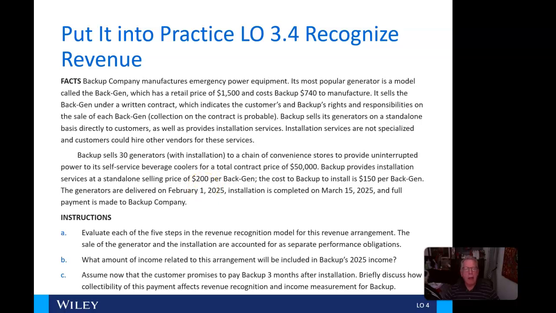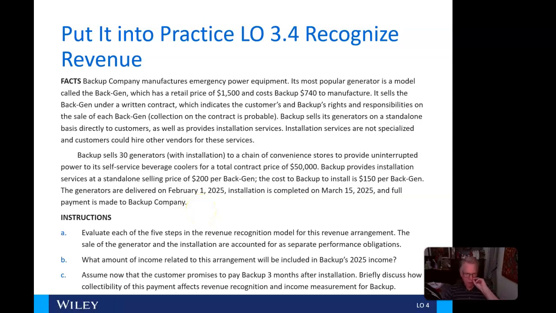The cost to Backup to install is $150 per unit. The generators are delivered February 1, 2025. Installation is completed on March 15th, 2025. The whole payment is made to Backup Company.